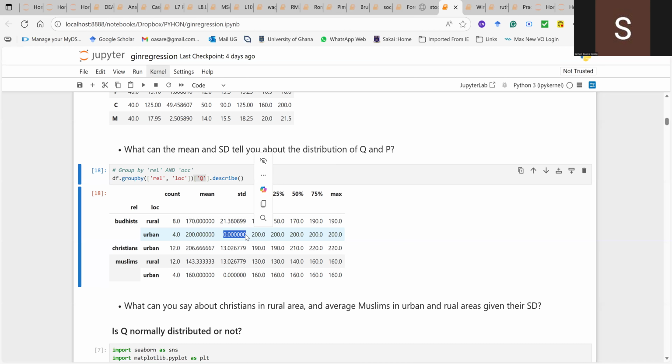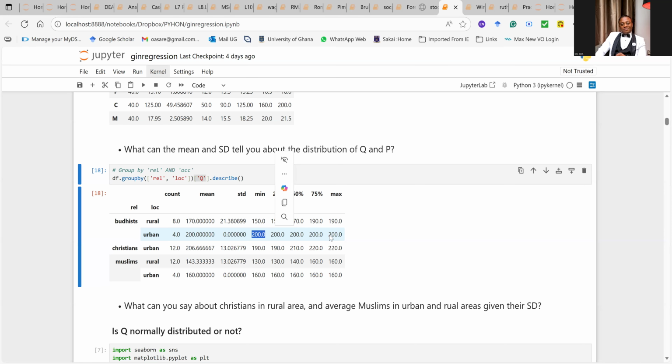Of course, it means there's no variation, but what does that imply? It means that when you go and check the observations, all of them have got the same value. That's it. If you were quick enough, you would have noticed, I said all of them have the same values. If you check the minimum value and the maximum value, they are the same.